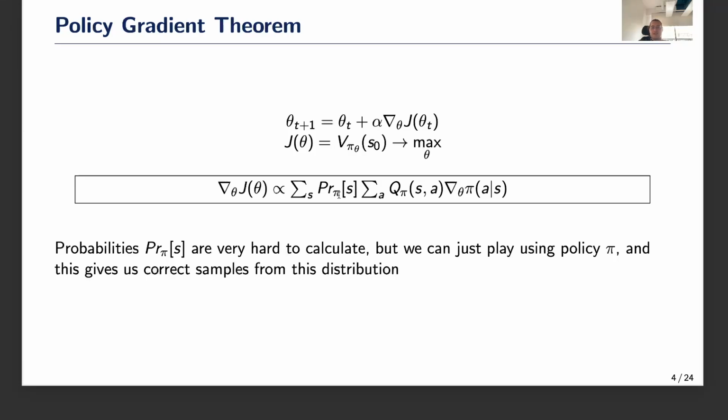As it interacts with the environment following the policy, it naturally visits states in proportion to their probability. So we can use its trajectories as samples from this distribution. This is why we often say just let the agent play and learn from its experience. This idea, learning from on-policy samples, underlies REINFORCE and many actor-critic algorithms.